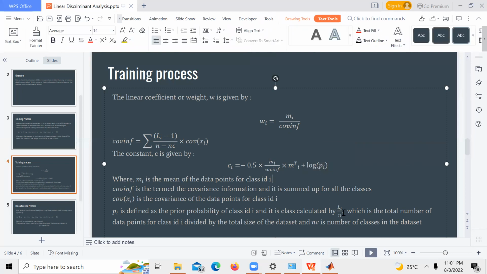So pi is simply the probability, the ratio of the number of records in the particular class over the total number of records in the data set. For the first class, which has 50 records, it will be 50 over 150. So also for the second class. That is for the Iris data set.